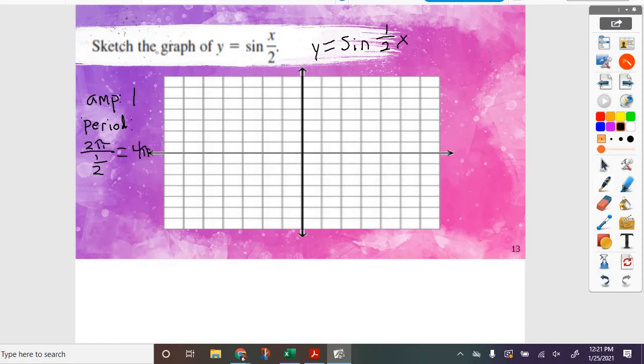4 pi. So it's going to have stretched out further, meaning that it's going to take longer to complete its full cycle, which is why it looks like there's less graph in the 2 pi, because we've stretched it out farther. So I'm going to label my y-axis the same.